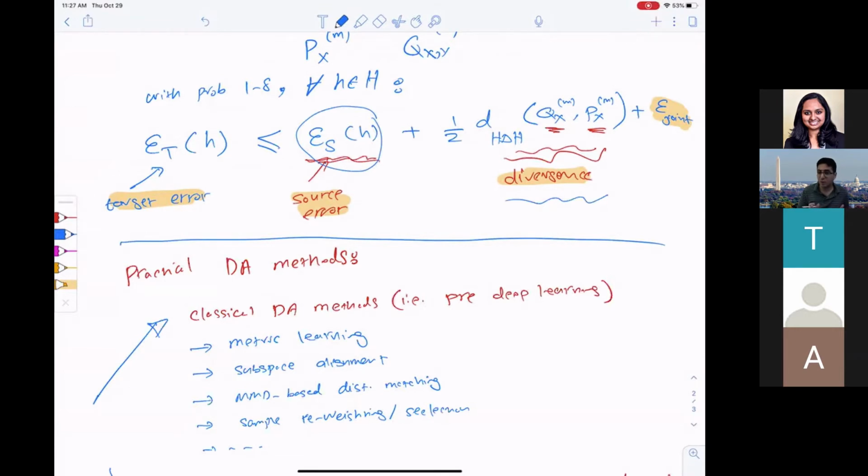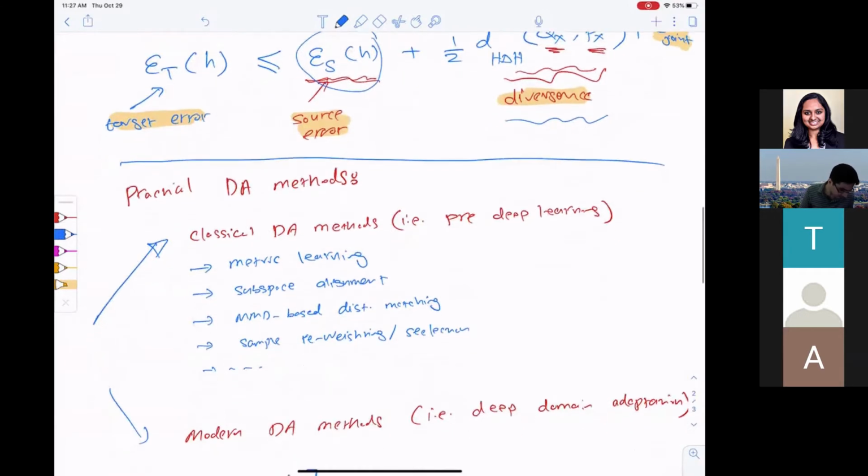We have also seen a result that relates the H divergence to a classification error between source and target, in order to classify source and target samples to see if we can distinguish between the two.